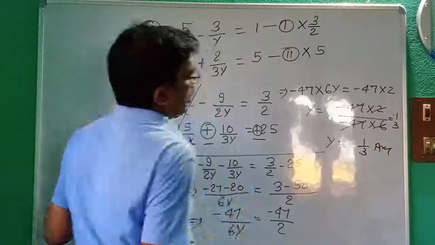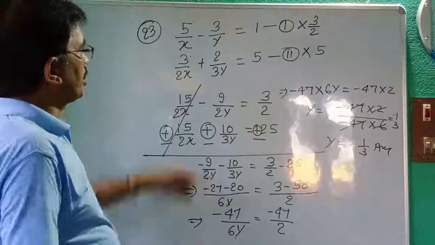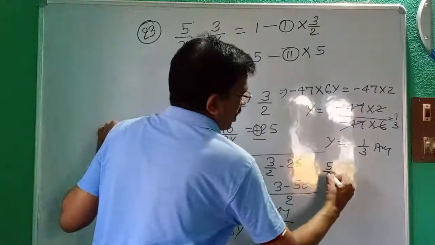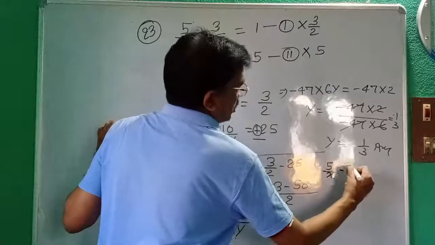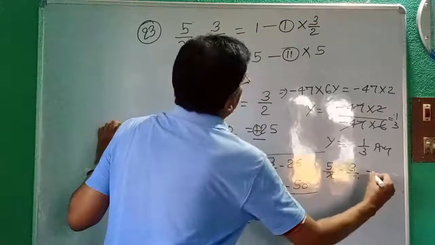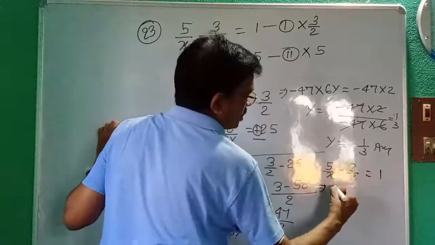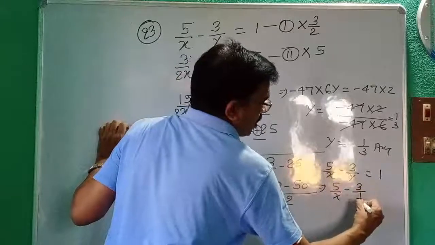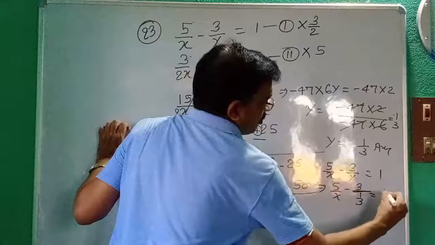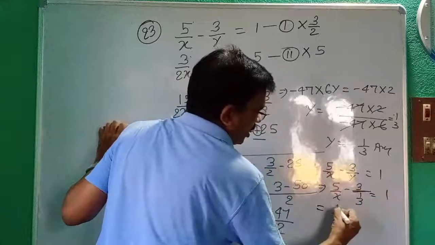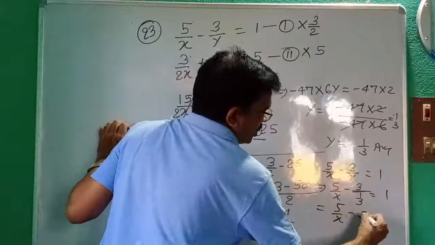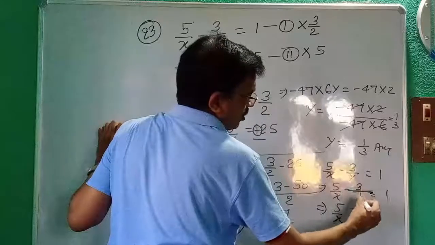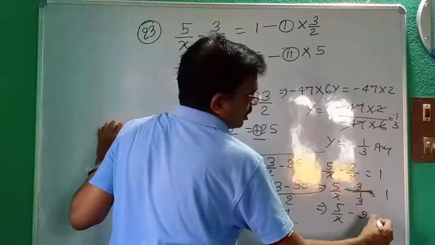Answer. Now substitute this value of y in the first equation. So what do you get here? Here 5 by x minus 3 by y is equal to 1. Hence you write 5 by x minus 3 by 1 by 3 is equal to 1. Then here is 5 by x and here is 9. Why 9? Because this is the division sign. So 3 by 1 by 3 means 3 into 3, that is 9.